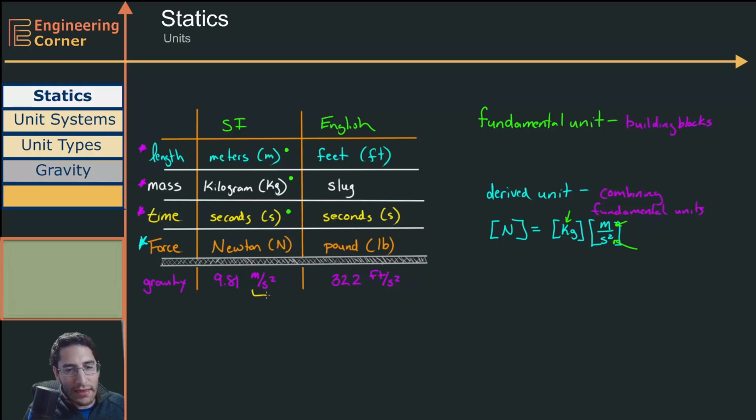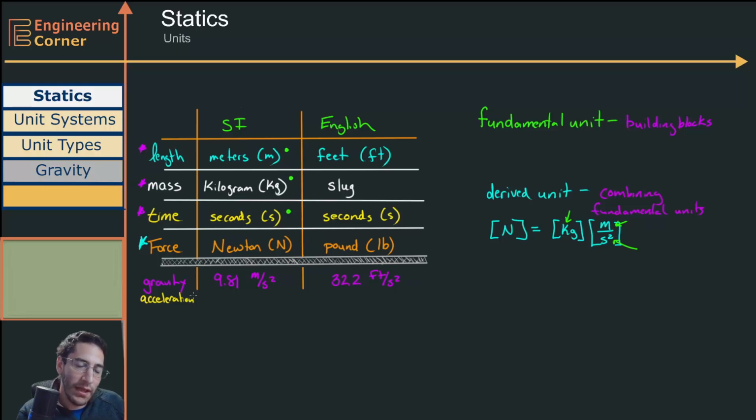If we look at this unit right here, we see that this is a derived unit because we combine different fundamental units, specifically our length and our time. And if we look at it a little closer, length per time squared is going to be an acceleration. So gravity is just an acceleration.